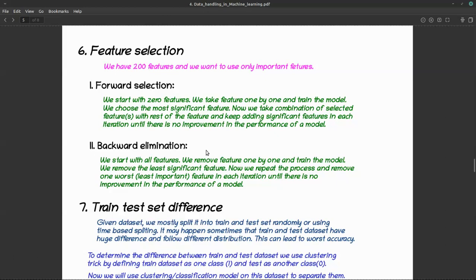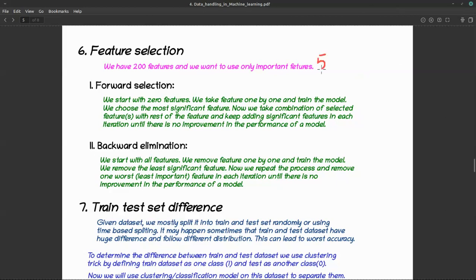What we do in forward selection: given 200 features, I take feature number one and train the model to see how much accuracy I get, then feature two, then feature three. Then I find out which feature is directly impacting my y, the one giving the highest accuracy, or any other performance measure you are using.